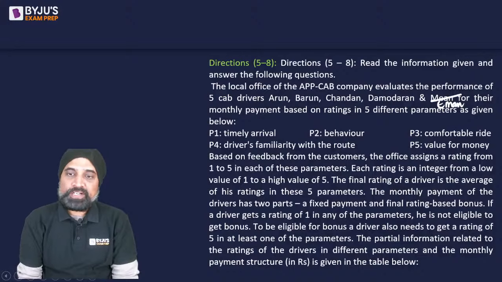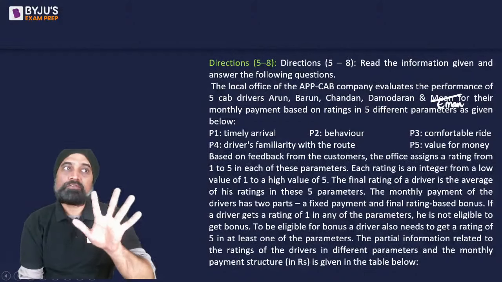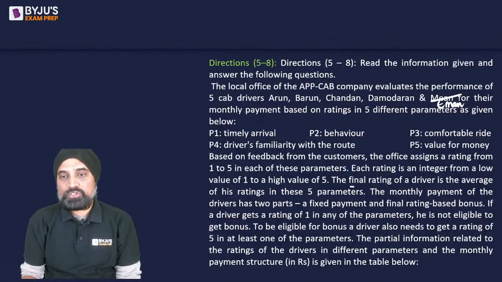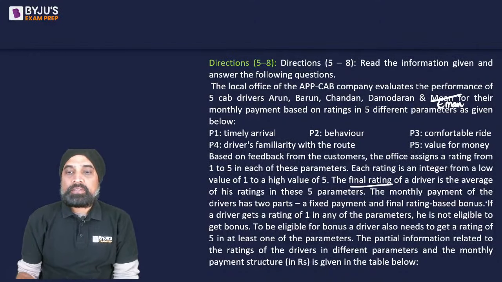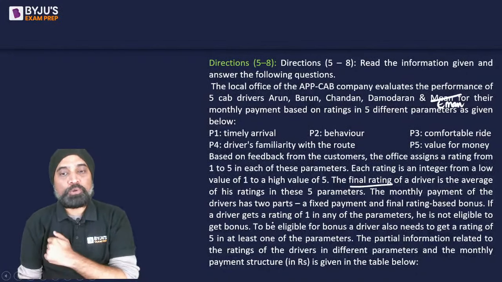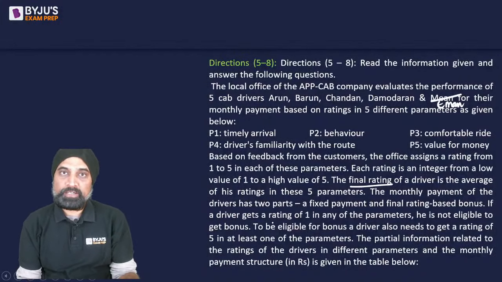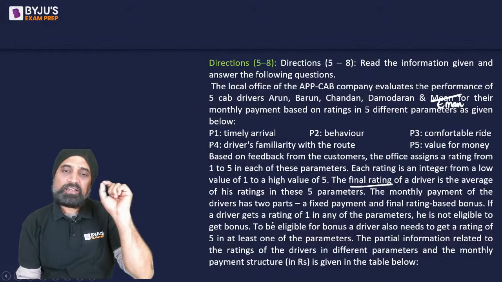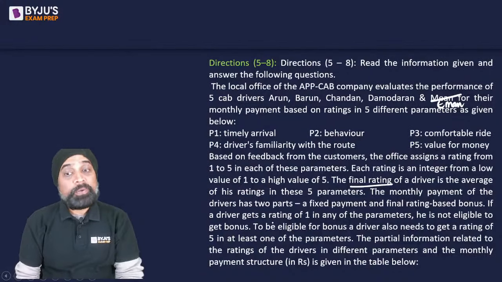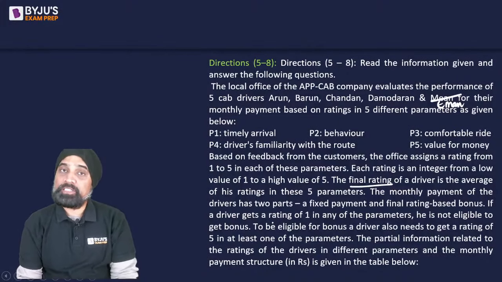The final rating of a driver is the average of his ratings in these 5 parameters. So there are 5 parameters, whatever the rating has been given, then we take its average, and that average is called the final rating. The monthly payment of the drivers has 2 parts, fixed payment and the final rating based bonus. If a driver gets a rating of 1 in any of the parameters, he is not eligible to get bonus. And to be eligible for bonus, a driver also needs to get a rating of 5 in at least one of the parameters.